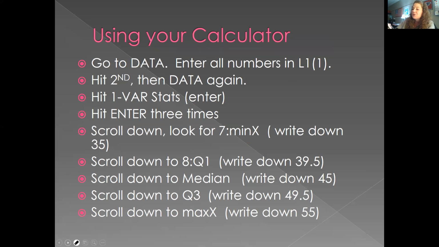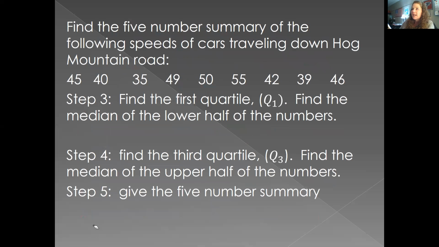All right, so hit your data button. There are 3 columns. Under the first column only, we are putting in all of that data. We're going to type in 45, enter, 40, enter, 35, enter, 49, enter, 50, enter, 55, 42, 39, and 46, enter.